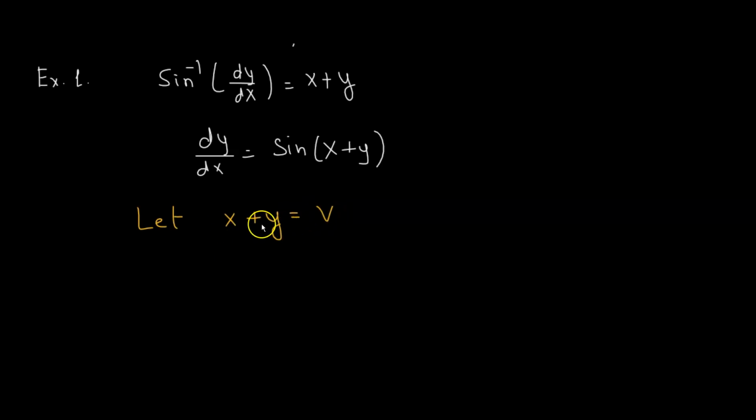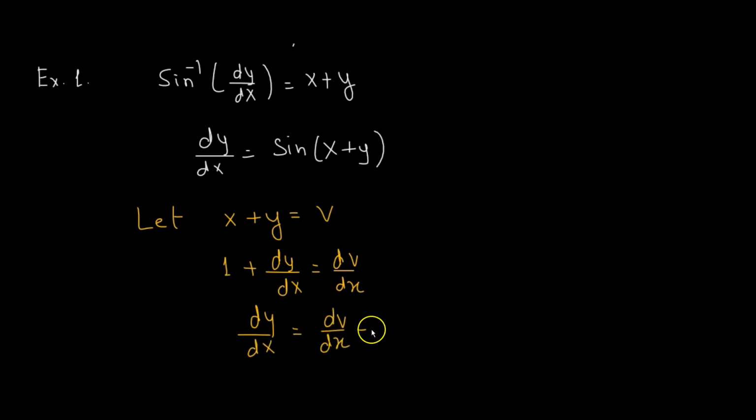Then we're going to differentiate both sides with respect to x. So differentiation of x with respect to x is 1. Differentiation of y with respect to x is dy over dx, equals dv over dx. So from here, we isolate dy over dx, which equals dv over dx minus 1.